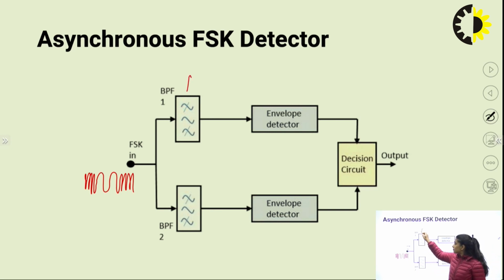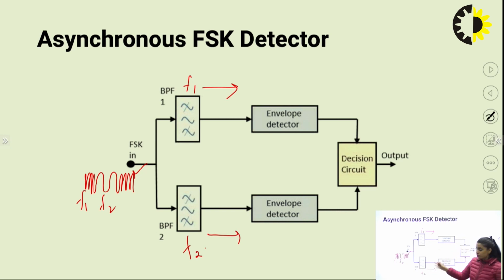I'll set one of the frequencies to F1 and one to F2, so that through the first path only F1 frequencies will pass, and through the other only F2 frequencies will pass. And the envelope detector will just read the peak values. And the decision circuit will decide whether this is bit 1 or 0.